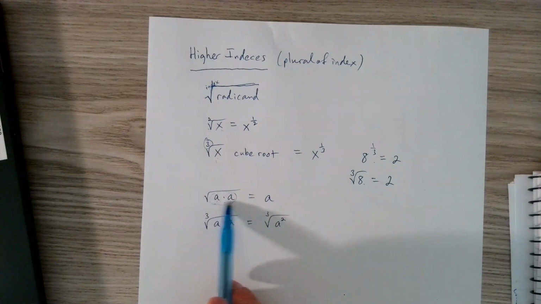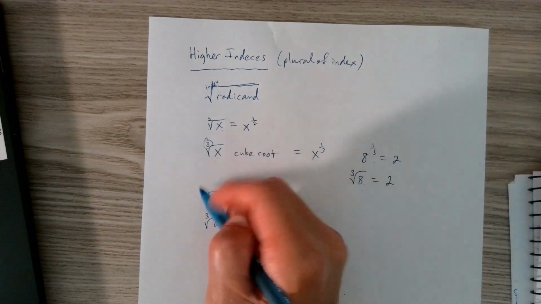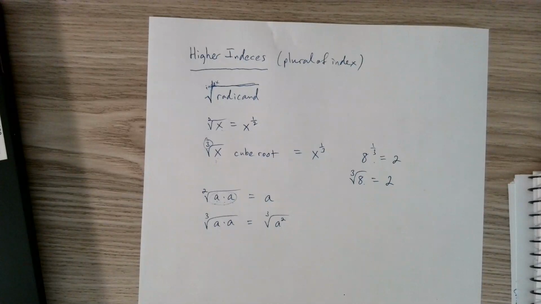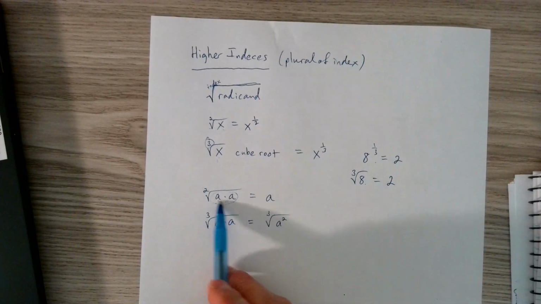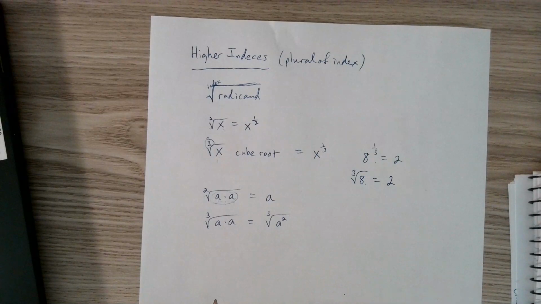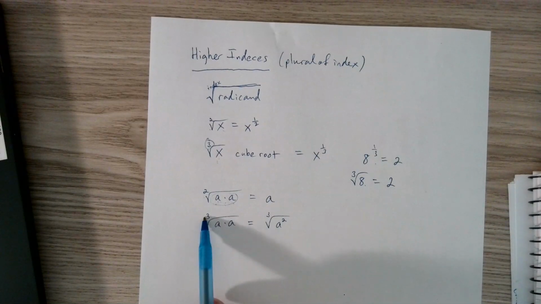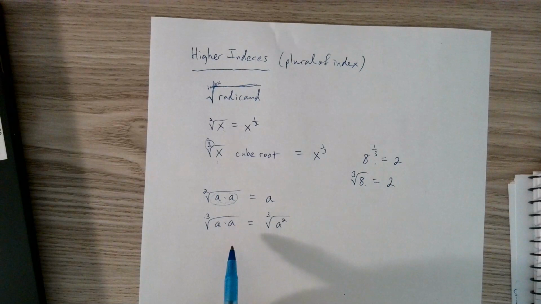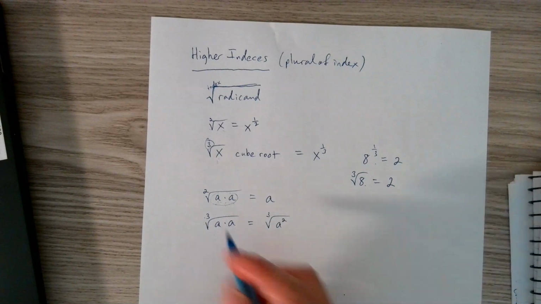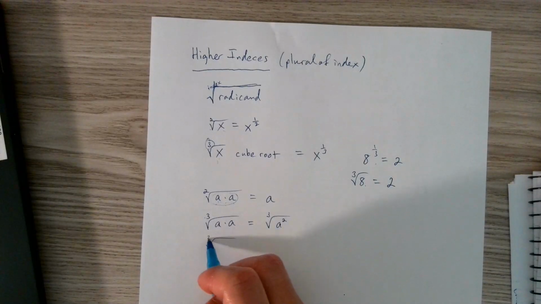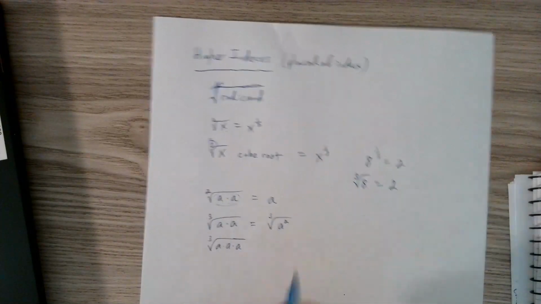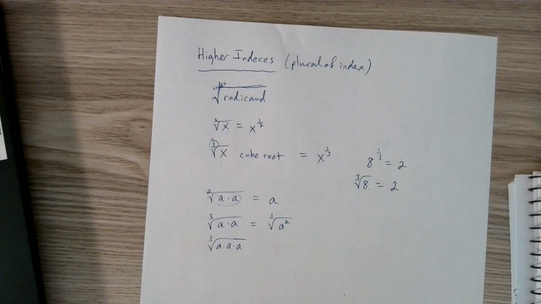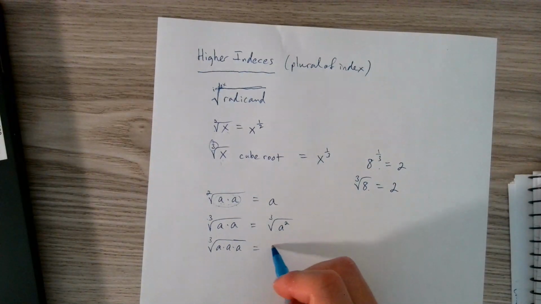It simplifies with square root because when I'm working with square root, I'm looking for a perfect square, and the perfect square consists of 2 identical factors. When I have a cube root, I'm not looking for perfect squares anymore. I'm looking for perfect cubes, and perfect cubes have 3 identical factors. 2 identical factors is not enough. In order for me to simplify, I would need something like a times a times a in that cube root. Then I could simplify that to a.